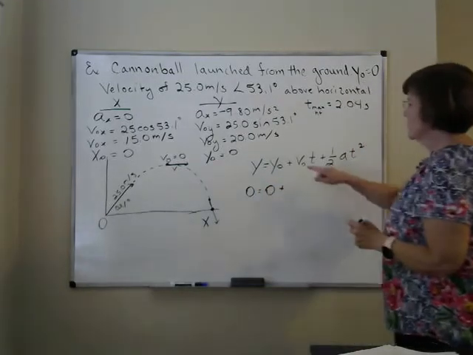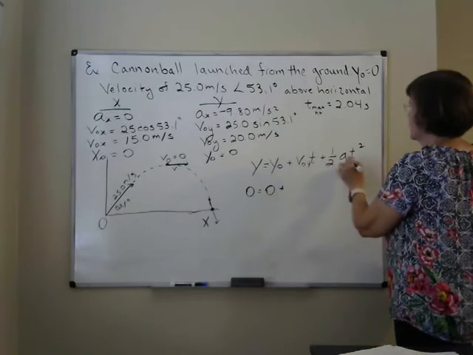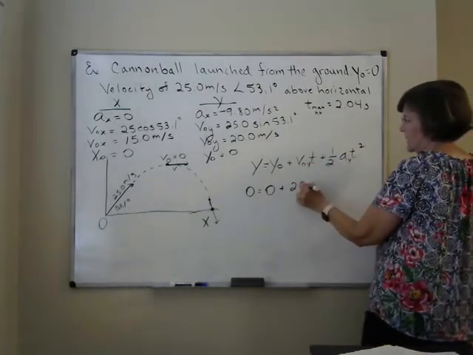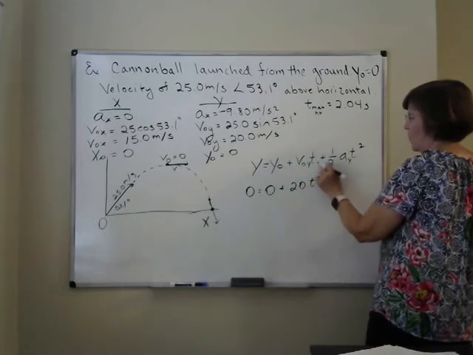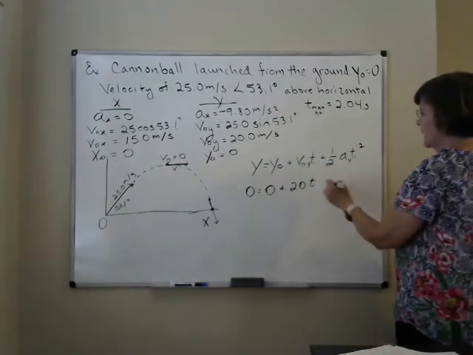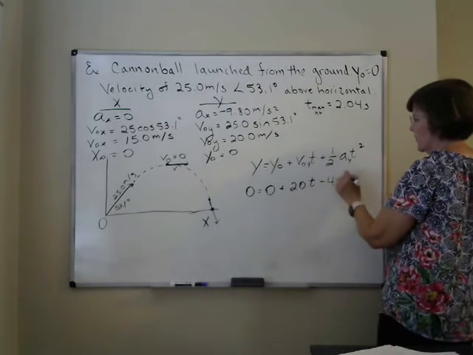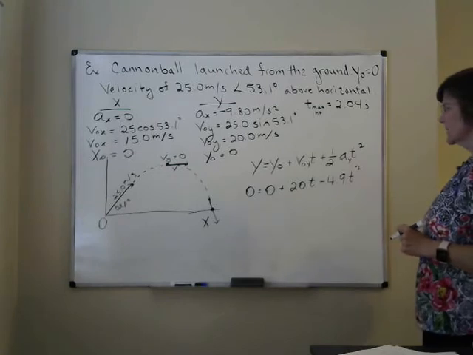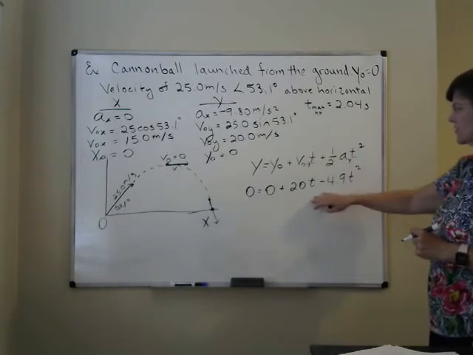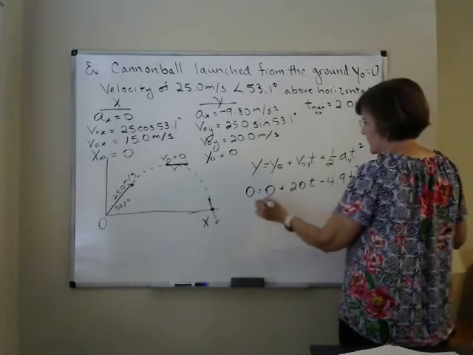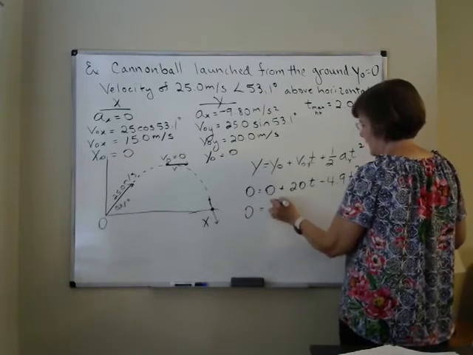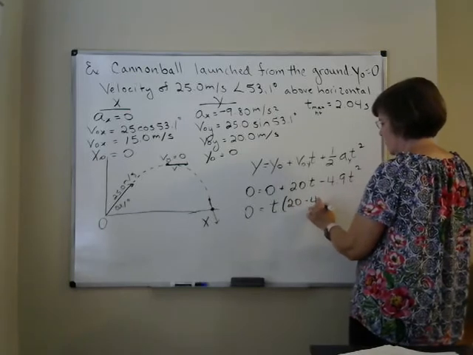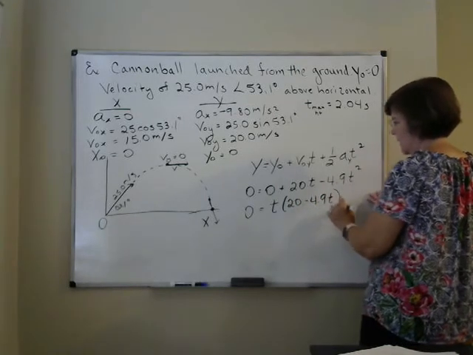The initial velocity in the y direction was 20. So 20 times t, 1/2 of negative 9.8 is minus 4.9 t squared. Okay, I have a little tiny quadratic to solve. This is one I can actually solve by factoring. One side is 0. I can factor out a t and get 20 minus 4.9 t.